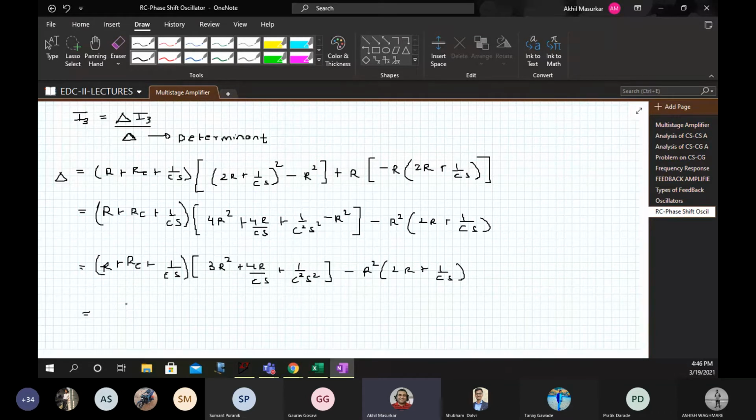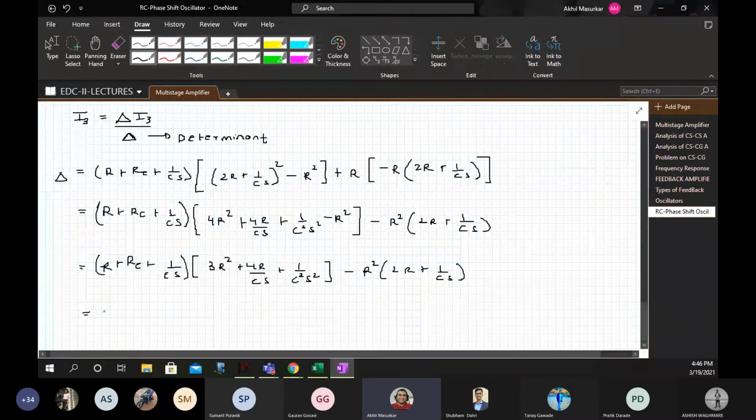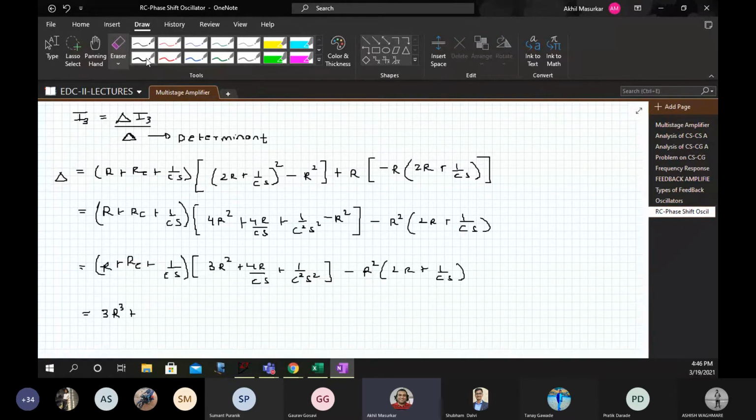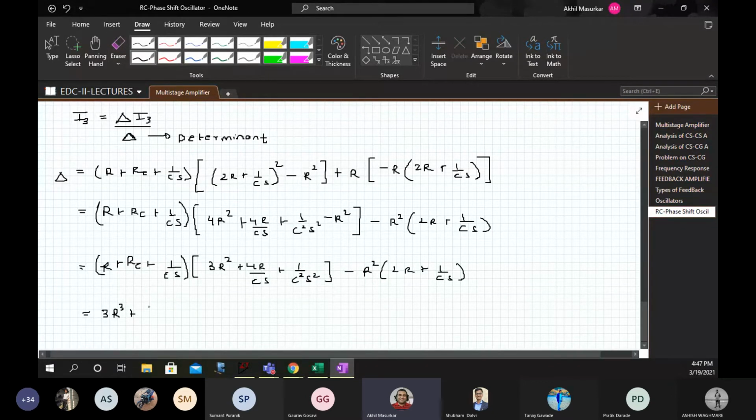So first term R, I multiply with all the terms, so I get 3R cube plus 4R square by CS plus, or let's do it this way, let's multiply each and every term in the first term with the term inside.